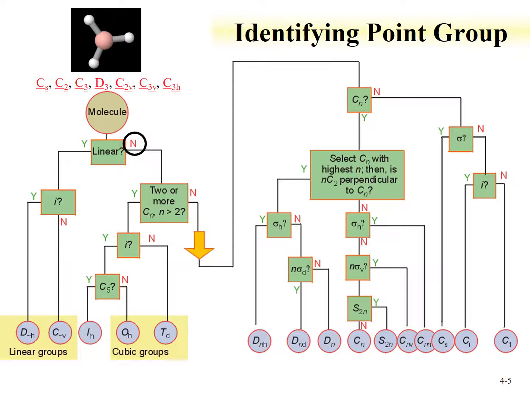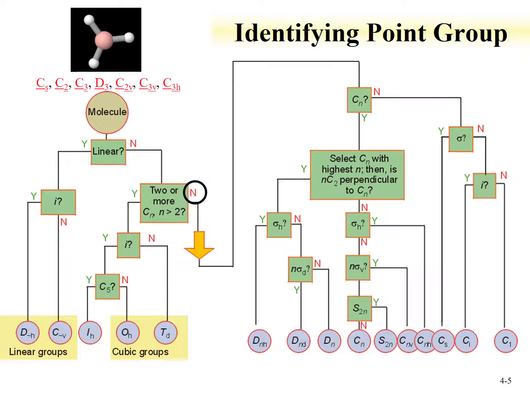That's a C3 axis. But there's no other ones here. I could do this twice, and this one twice, and as we see here, this is designated as C3. So there's only one C3 where n is greater than 2, so we're going to have to say no for this one.